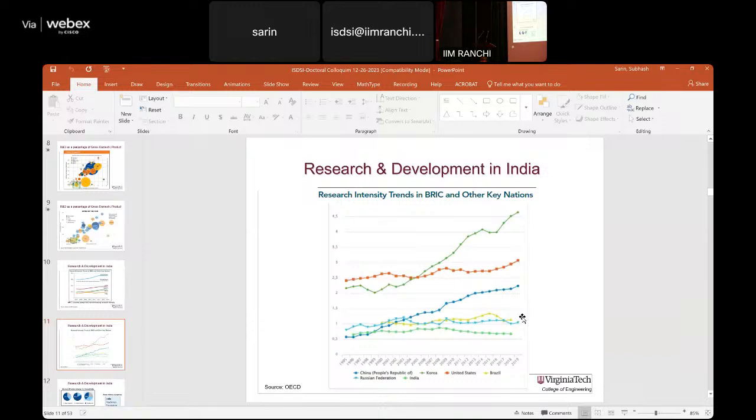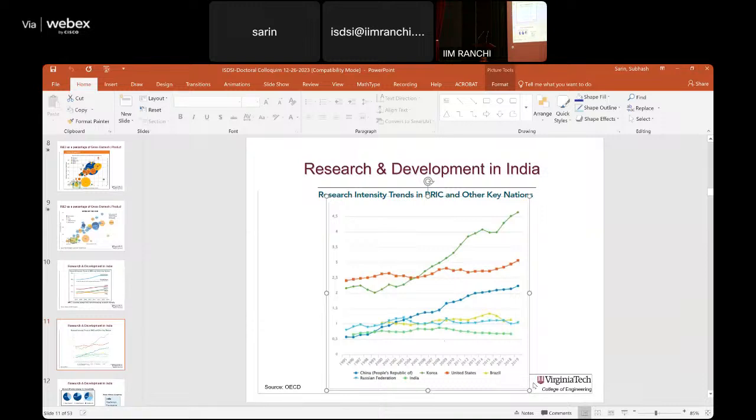This is more recent, just to give you the idea, until 2019. Once again, this bottom line belongs to the research intensity in India over these years. So still, even though the amount of money, like we saw, is increasing, the research intensity is not increasing as for the other developing countries.